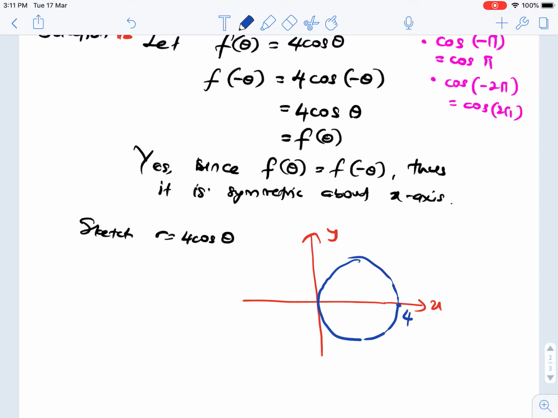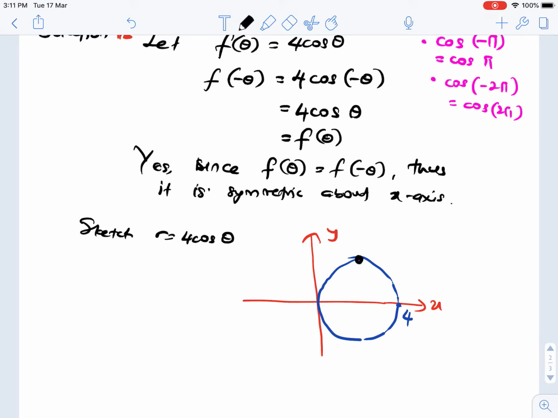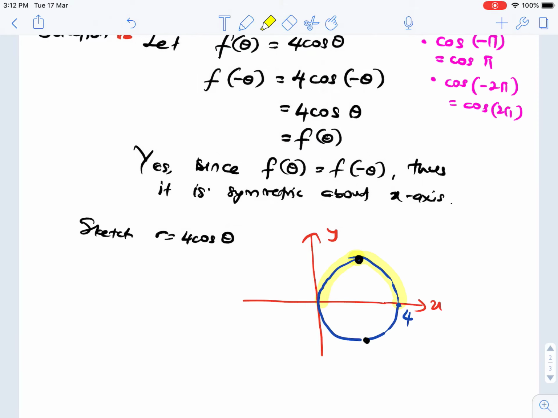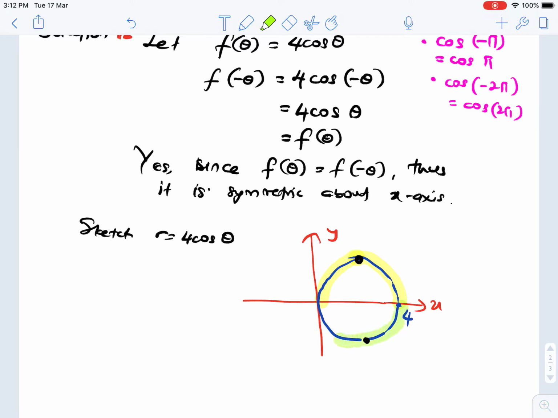Okay, this is 4. So we know that the point here should be reflected to this point. Or in other words, we can say that the curve here can be reflected to this area. Okay? So yes, 4 cos theta is symmetric about x-axis. Okay, done.